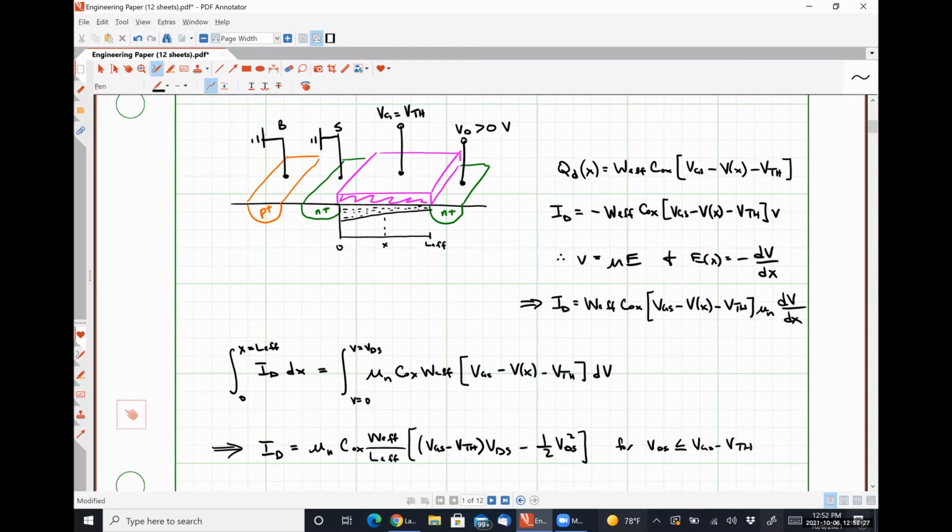So we effectively are integrating this constant term, VGS minus VTH, from 0 to VDS, which is where this guy comes from. And then when we integrate this voltage, the integral of V dV is going to give us this 1/2 VDS squared bit here. Okay.